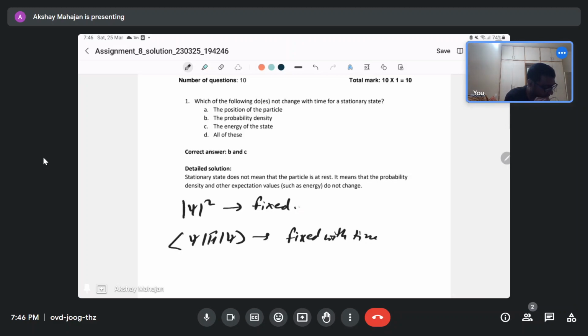We can't say the same for the position of the particle, so that is not stationary. So the answer will be B and C, and that is given in the detailed solution also. The stationary state does not mean that the particle is at rest. It means that the probability density and other expectation values such as energy do not change.